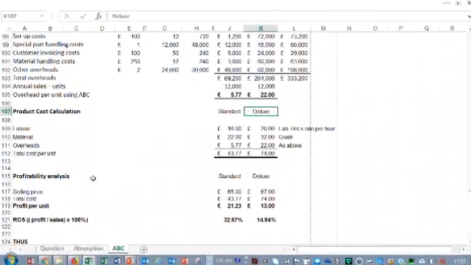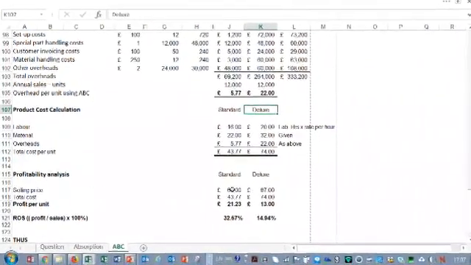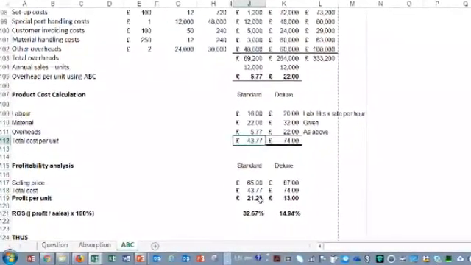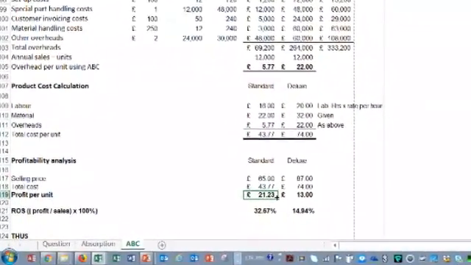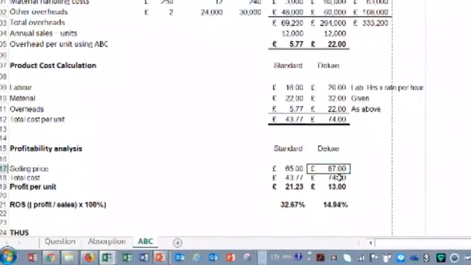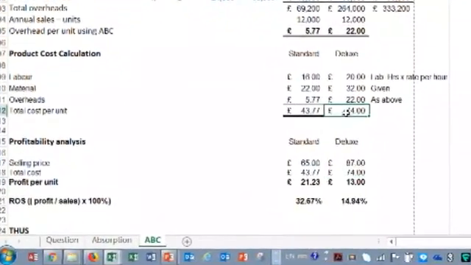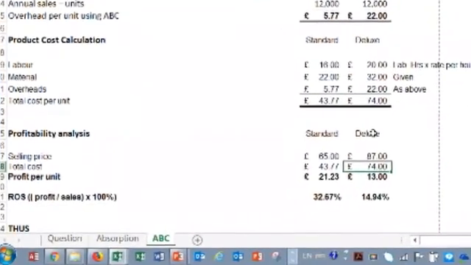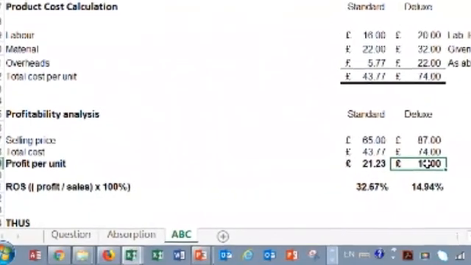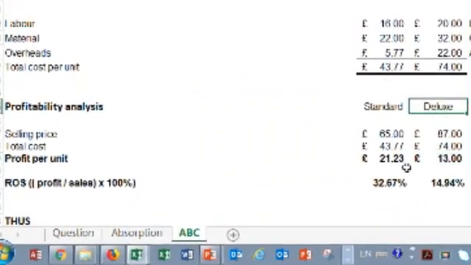Now if we again do our profitability analysis, selling price minus this product cost, it is 21.23 pound for standard, and selling price minus this product cost for deluxe gives us 13 pound profit per unit for deluxe.